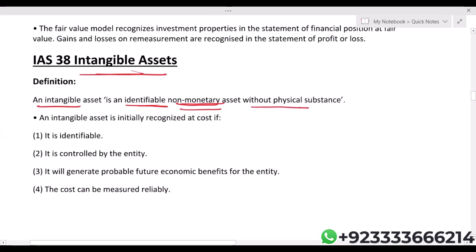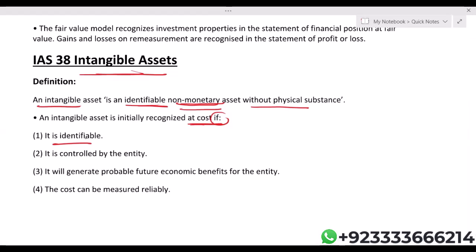Without physical substance. An intangible asset is initially recognized at cost. Do not forget this. An intangible asset is initially recognized at cost if, number 1, it is identifiable. For example, your company has acquired a license for exporting XYZ goods.